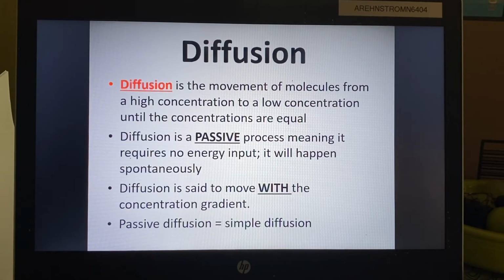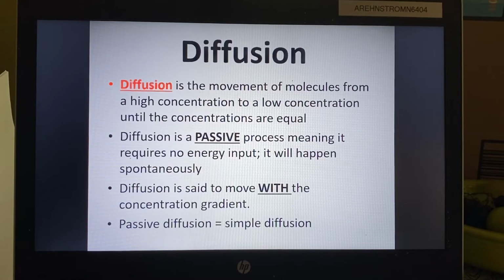Those molecules are going to come out of the bottle. People closest to the bottle are going to smell them first, and then eventually people way on the other side of the room are going to smell that perfume. It's because the perfume molecules are going to disperse or diffuse within that room from a high concentration in the bottle to a lower concentration, which means working their way across the room until everything is equal.